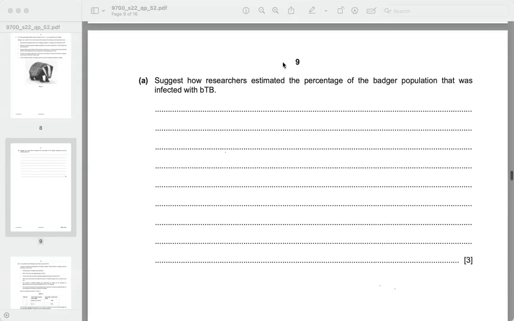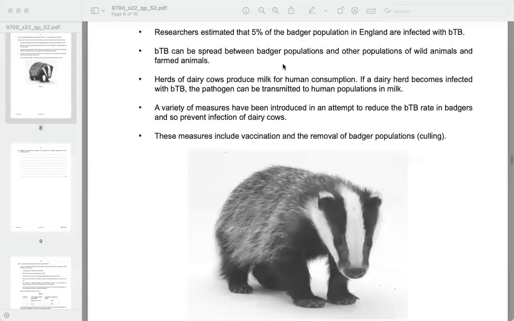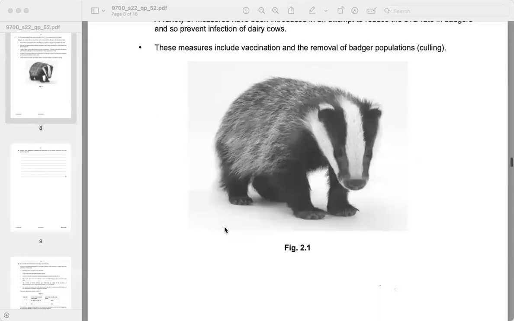Suggest how researchers estimated the percent of badger population that was infected with bovine tuberculosis. So they are asking you, how did the researchers estimate the population that were affected by this tuberculosis?